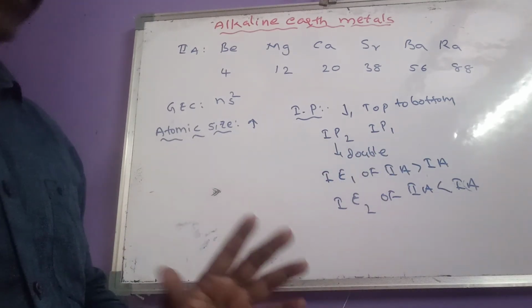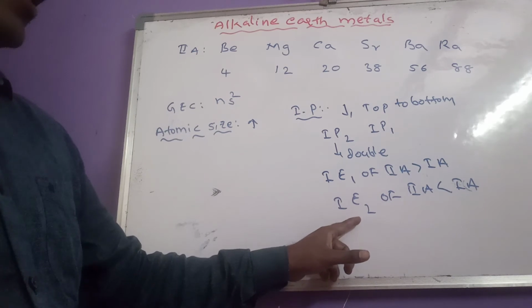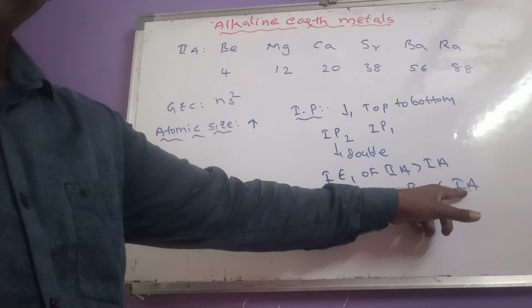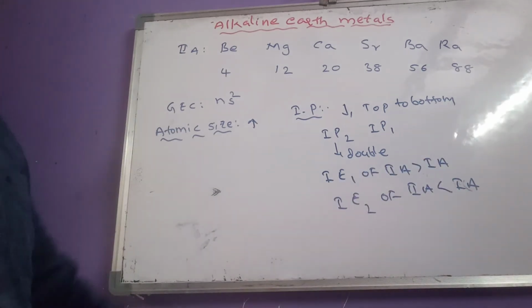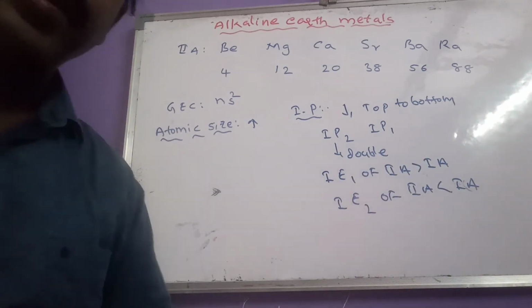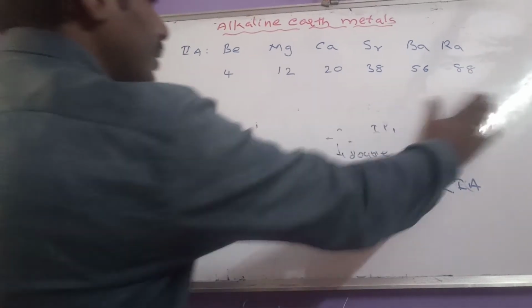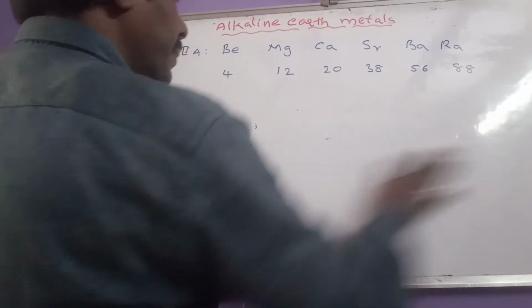For this reason, the second ionization potential of second A group is less than that of first A group elements. So this is regarding ionization potential of these second A group elements.